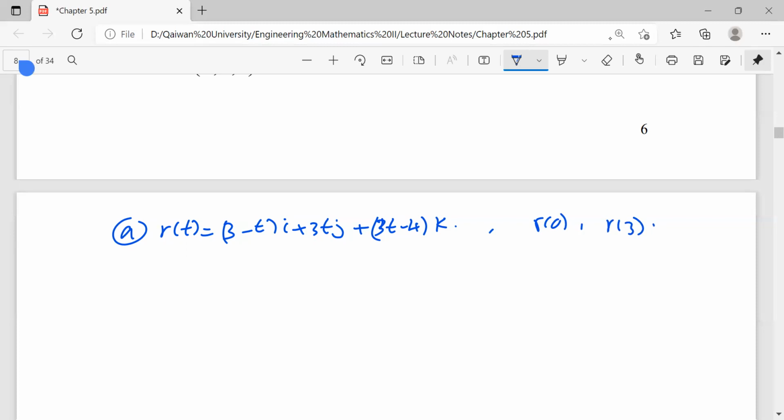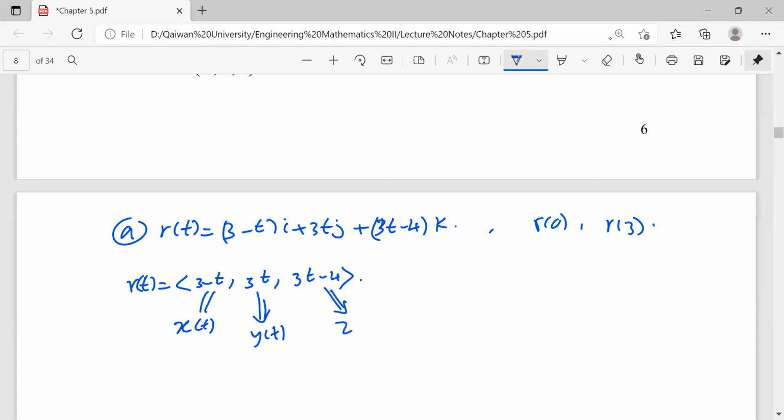Here we say R of t equals (3 minus t, 3t, 3t minus 4). The x component is 3 minus t. This is x of t, this is y of t, and this is z of t.